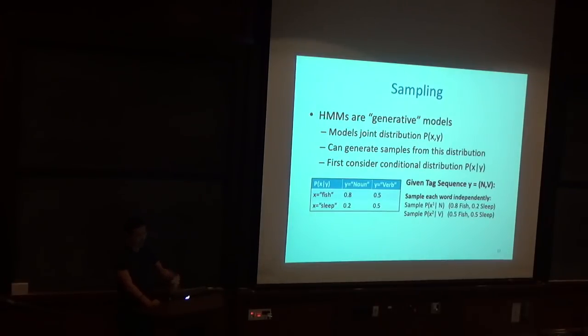Because of the model structure of the hidden Markov model, we can generate the probability of each word completely independently of each other. So the probability of the word in the first spot only depends on the fact that the first part of speech tag is noun, and the probability of the second word only depends on the fact that the second part of speech tag is verb.